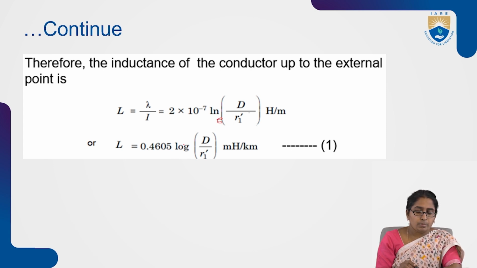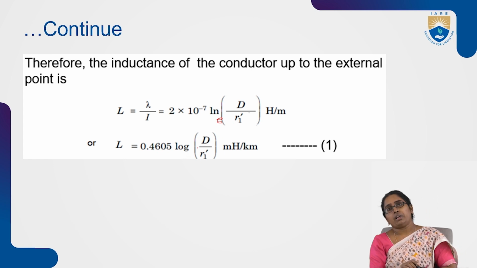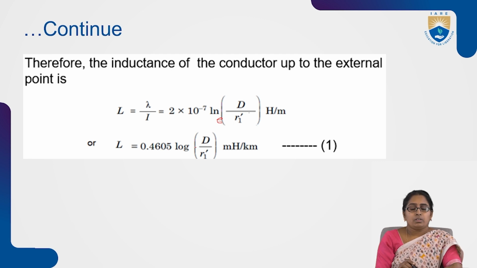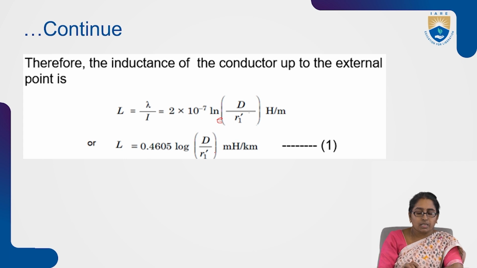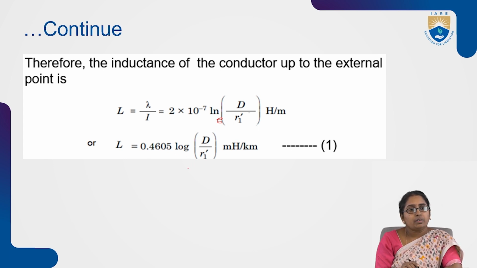If we write the above expression in terms of log base 10, the same expression is given as 0.4605 log base 10 D by r dash or r1 dash, and this is given in millihenries per kilometer. So this is the expression in terms of log 10 and millihenries per kilometer.